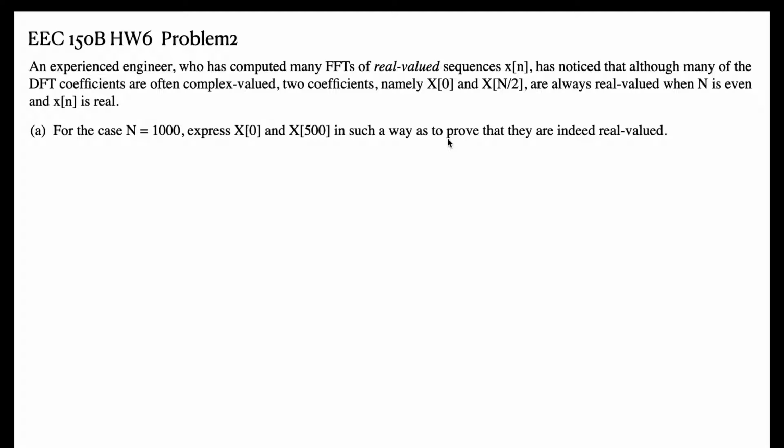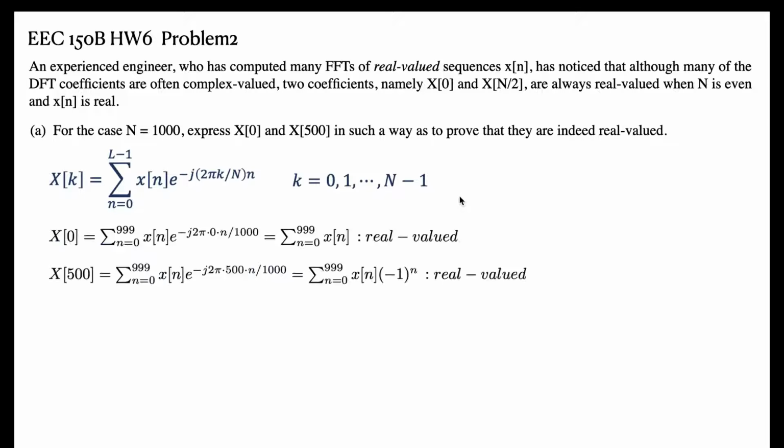So from the class, you can write down the DFT, discrete Fourier transform, in this format. And for X[0], you will get the sum of x[n], which are the real-valued sequences, from n is 0 to 999.